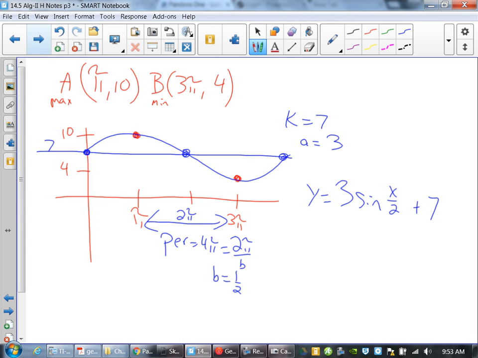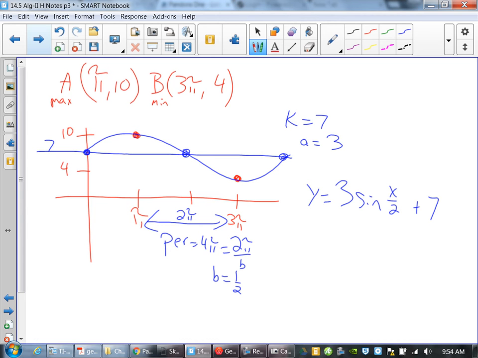That's kind of the easiest way to do it. I mean, there are other ways. If you want to throw in a shift and whatnot, go for it. There's no need to. Where would the h go in the equation? The horizontal shift? It depends on which way you want to shift it. If you want to say that this is a shifted cosine graph, it's going to move to the right of the vertical, then your h would have been x minus pi, because you went to the right.